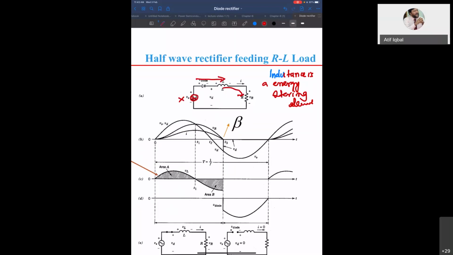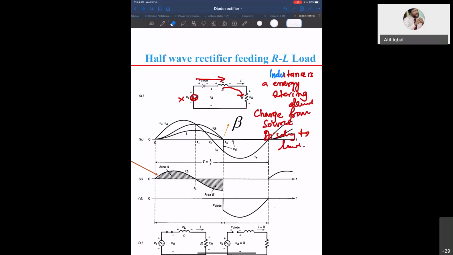So it will charge from the source and discharge into the load when the source is not connected. So what happens here?